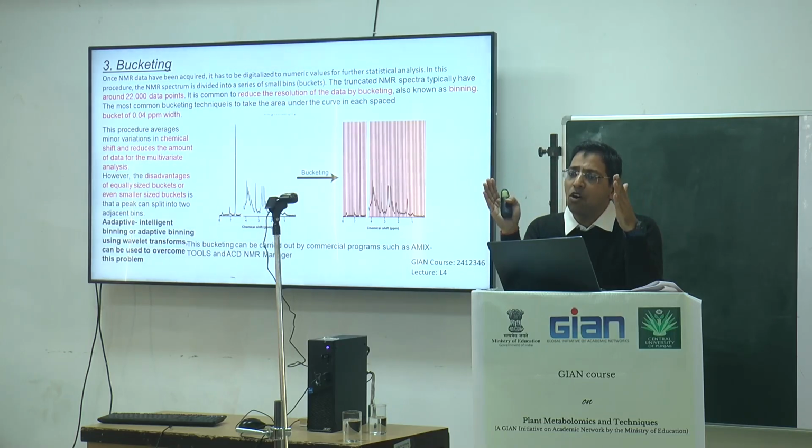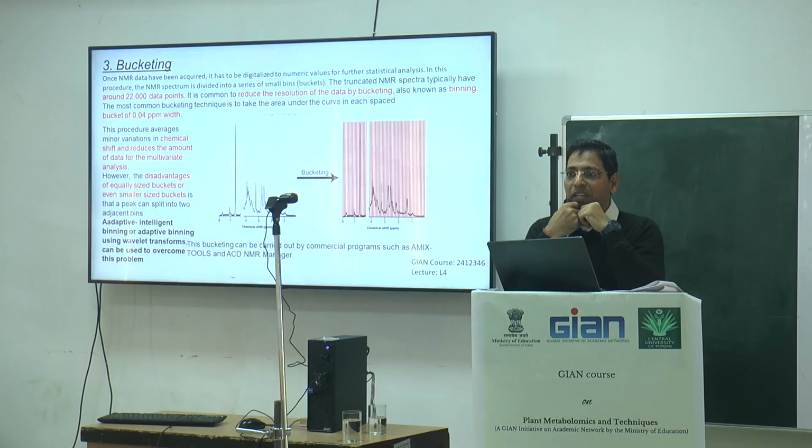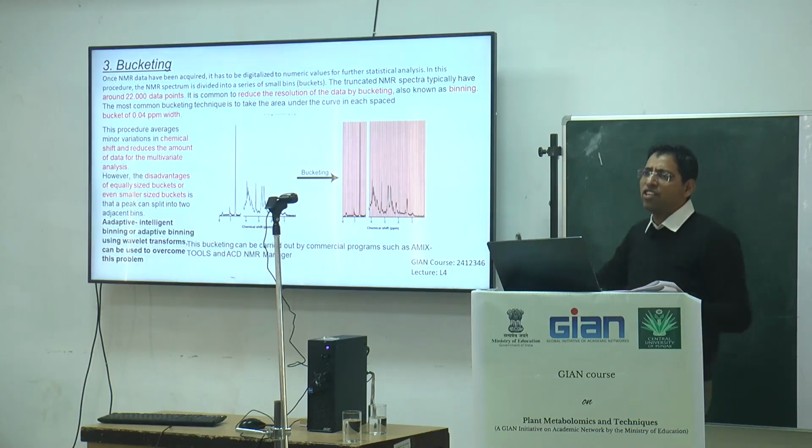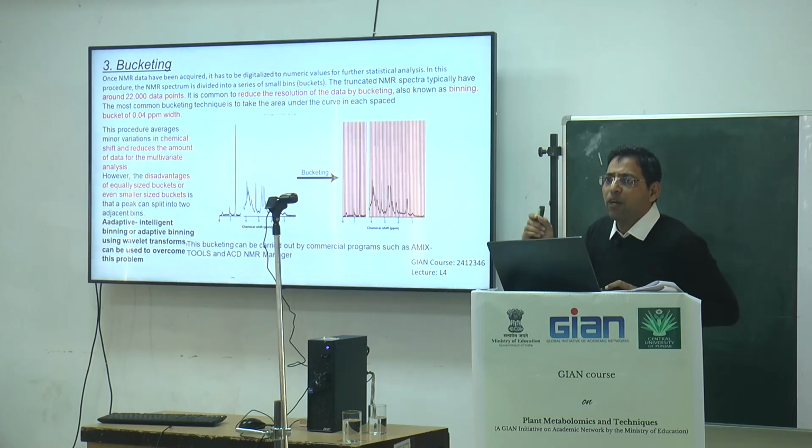So we divide the whole spectrum into thousands of small brackets, and you just focus on the variation along the different brackets. But it has one disadvantage: sometimes a peak can be split into two different buckets. But it does not give you so many falsified results, so we are going ahead with this one. You can change the size of the bucketing, and the standard size is 0.04 ppm, or 0.4 ppm, or 0.08 ppm.